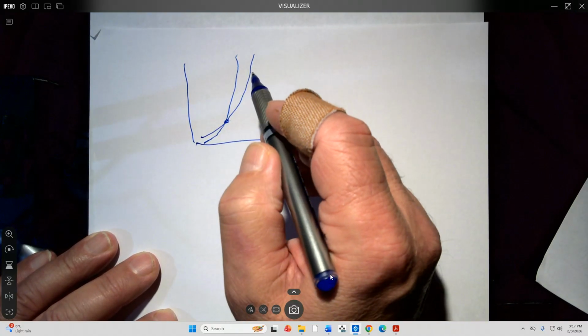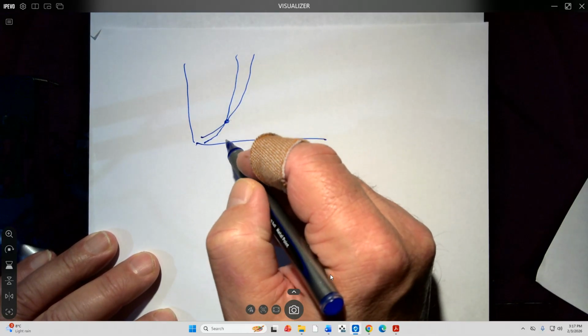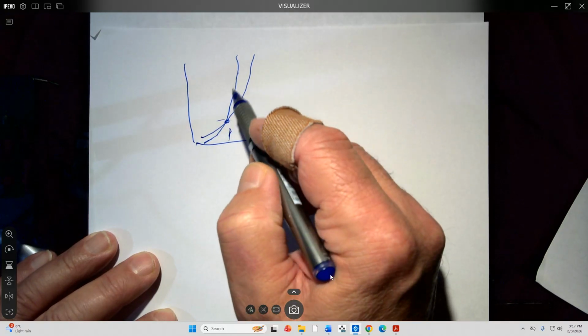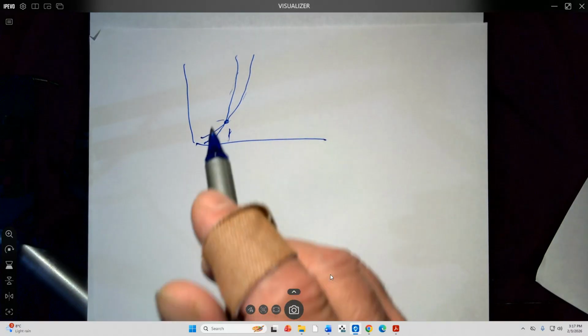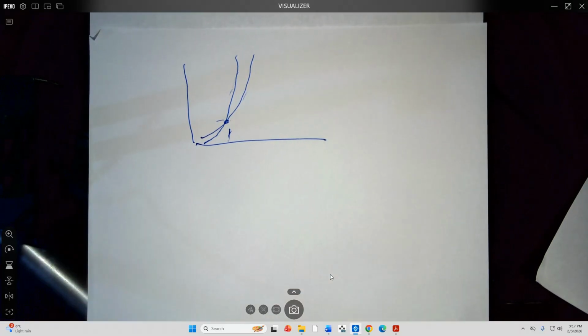You can have a situation where for all values of x greater than this crossover point, this function dominates this function.